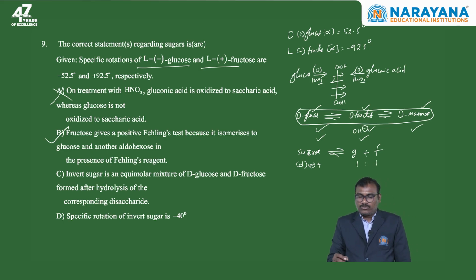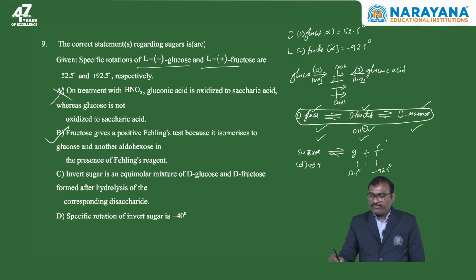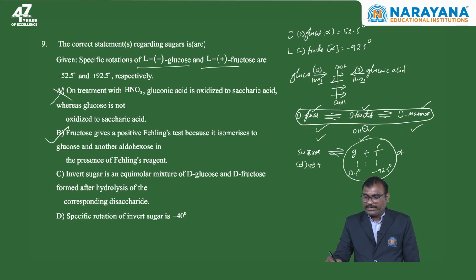Just now we saw glucose specific rotation is 52.5 degrees, fructose is minus 92.5 degrees. For their equimolar mixture, specific rotation is equal to 1 into minus 92.5 plus 1 into 52.5, divided by 1 plus 1, so alpha is equal to minus 20 degrees.